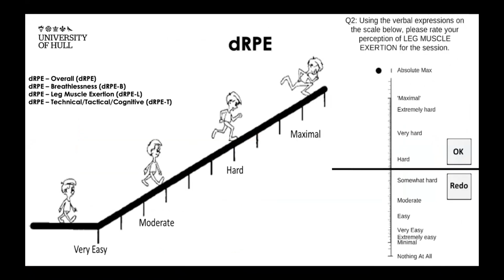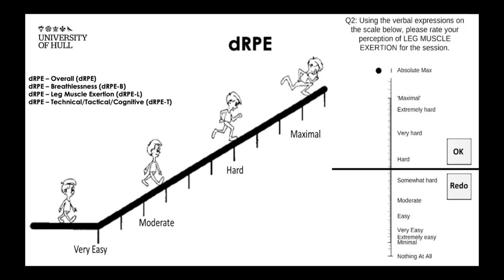Now the DRPE, we utilised a tablet application to collect DRPE from players after each small-sided game. The image on the right is an example of a question that each player was asked. All questions were the same, apart from the RPE facet, which is in capital letters. After each game, the player got the tablet.